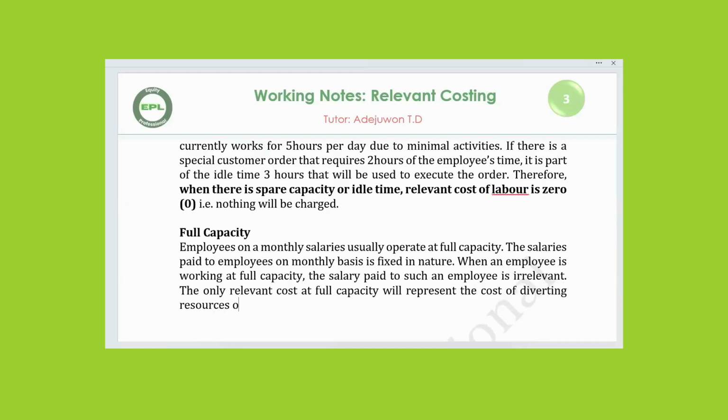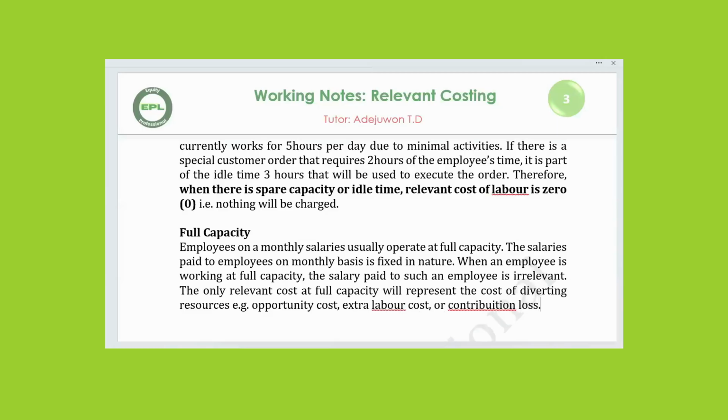The examiner can tell you that you can have opportunity cost, you can have extra labor cost, or contribution lost, or contribution loss.